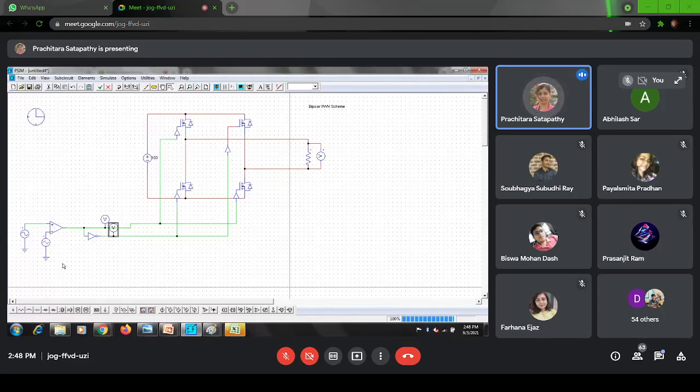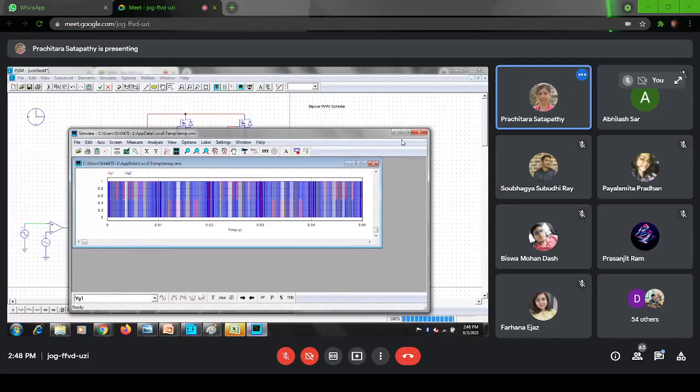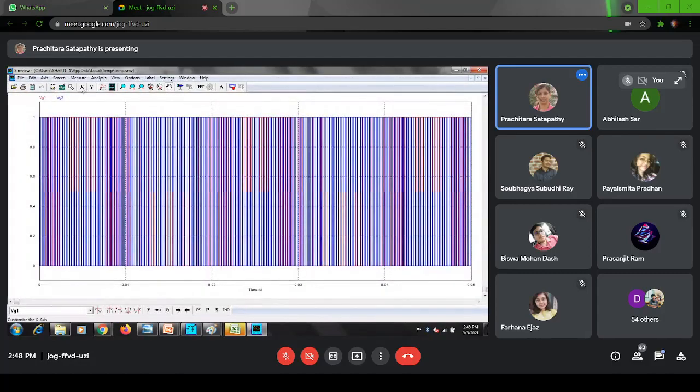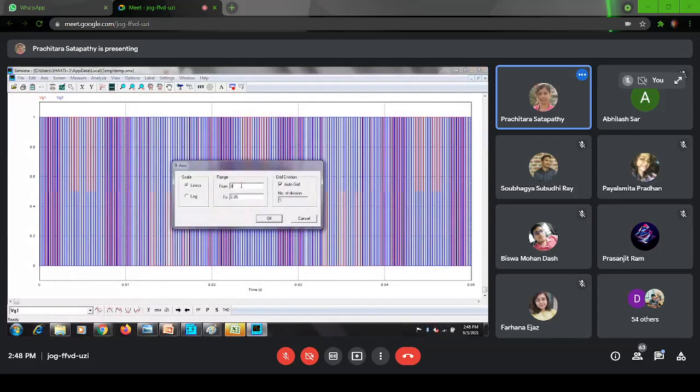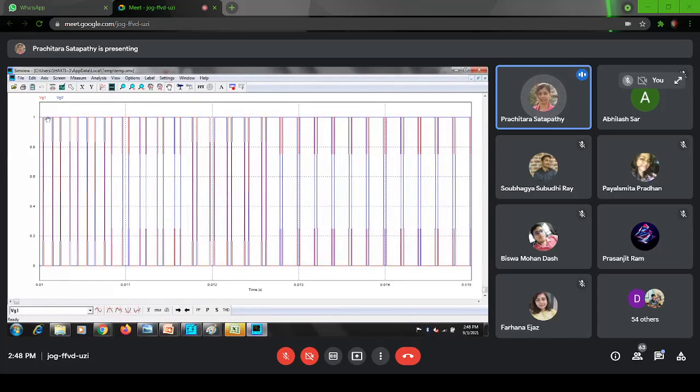Okay, if you want to see the output of the PWM, same. See, whenever there is blue, there is not red. Where there is not blue, there is red. Yes or no? Can you see?